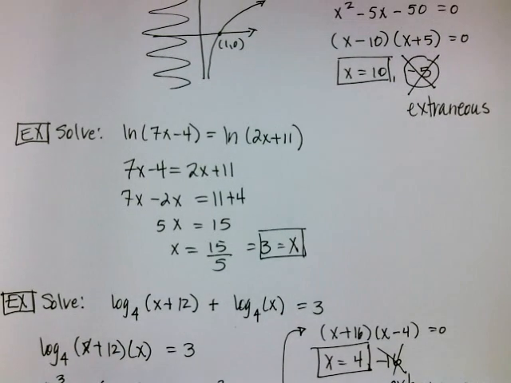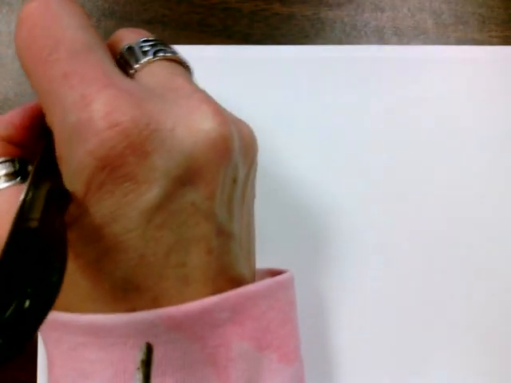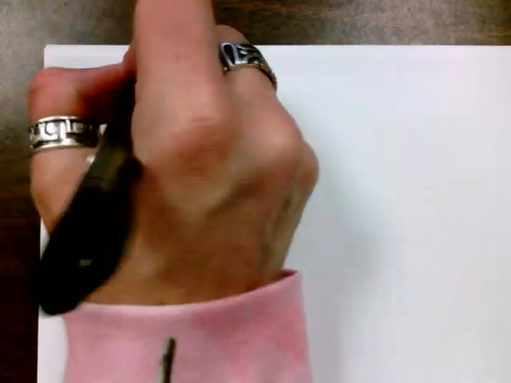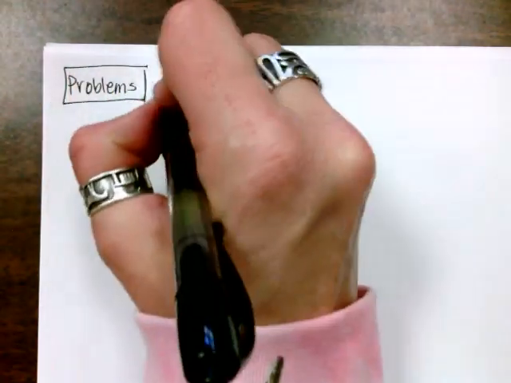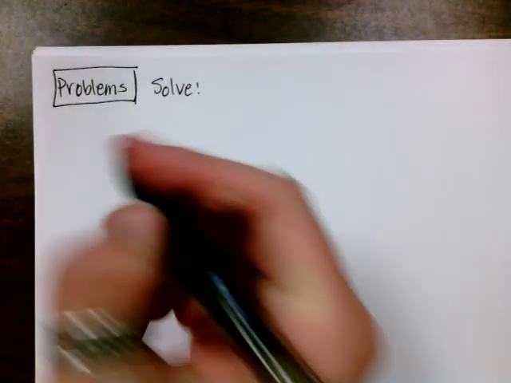All right, so those are your examples for the day. Now let me give you your problems. And we're actually going to do a couple of days on this just to give us lots of practice with these. They all say solve. Huh, novel concept.